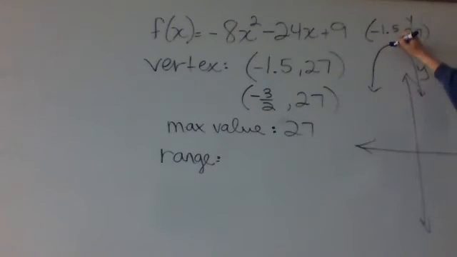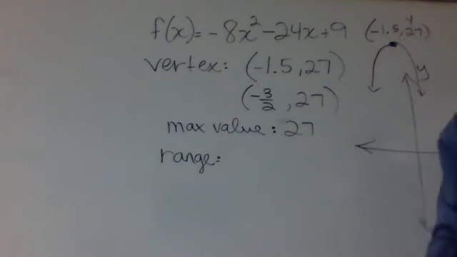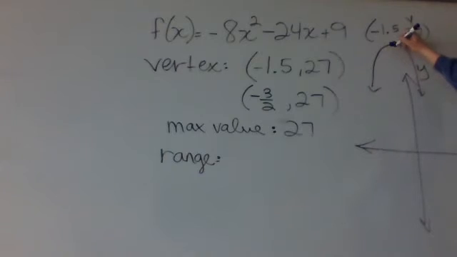This is the very highest y value you're going to have. That's why it's called the maximum. Okay? So since the top is 27, what are the rest of these going down? Those are going down, right? All the numbers below 27 are included in the range.